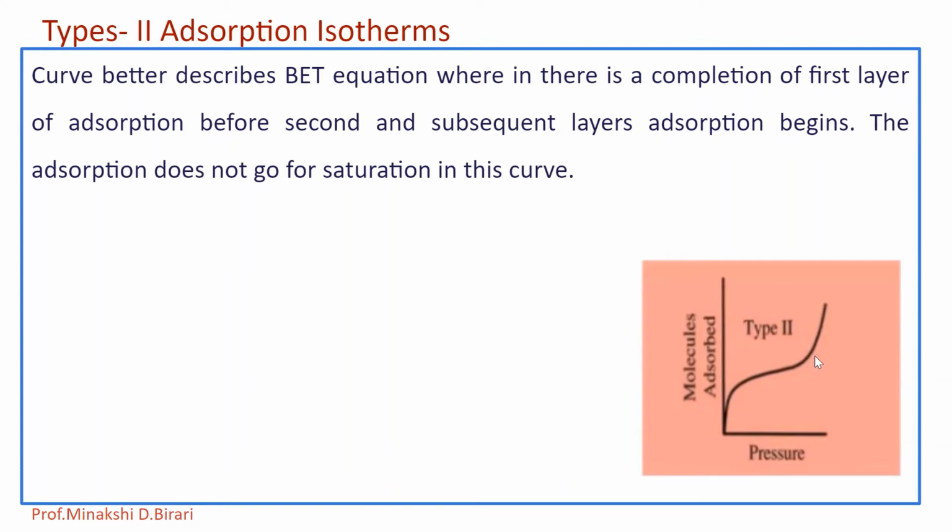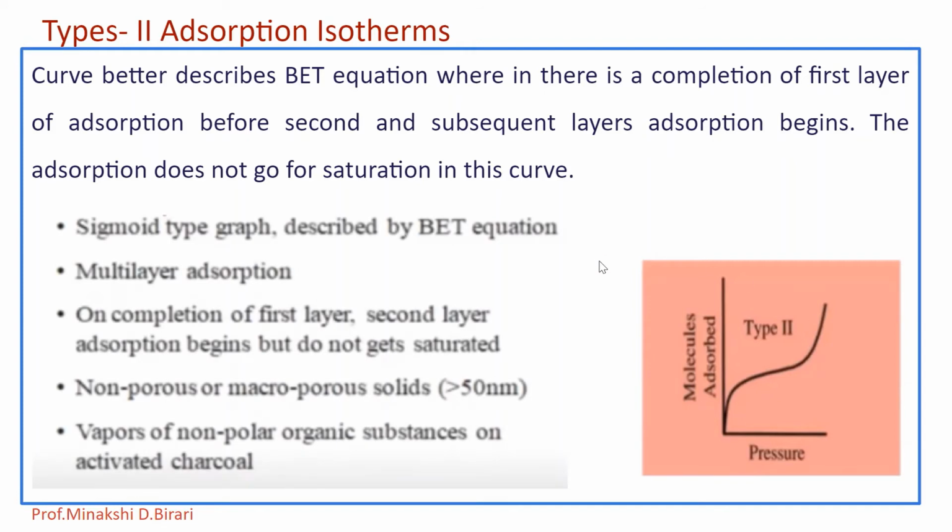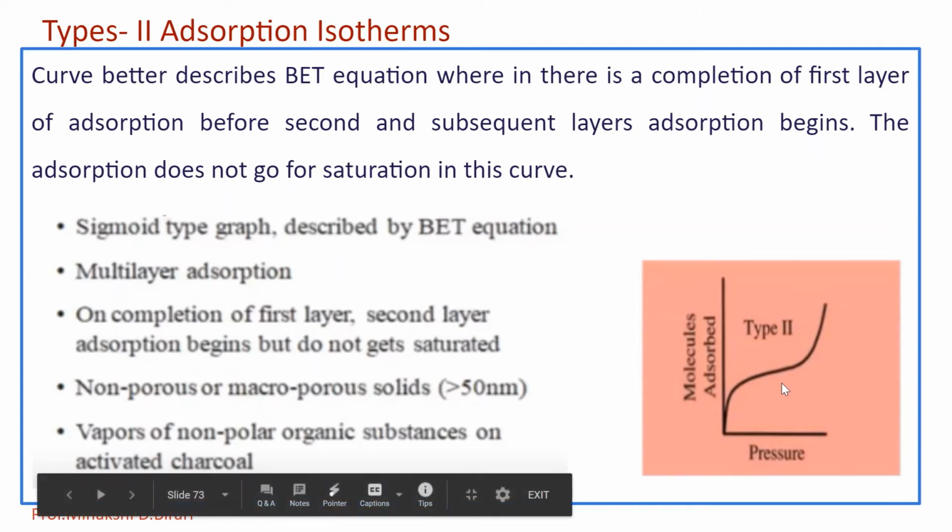Type second isotherm describes the physical adsorption of gases by non-porous solids. Monolayer coverage is succeeded by multilayer adsorption at higher relative pressure values. This type of curve is a sigmoid type graph which is described by the BET equation.